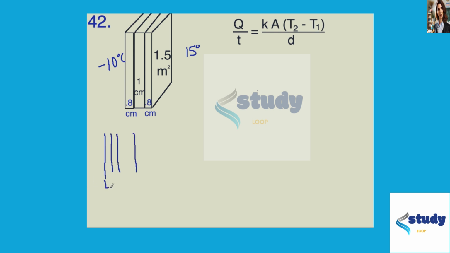So now I can think of this as a piece of glass that's 1.6 centimeters, and then here's my air, which is 1 centimeter thick. Somewhere in between is the temperature change, and that's going to be the key. I'm going to call the temperature there T. So it's going from negative 10 to T, and then T to positive 15.